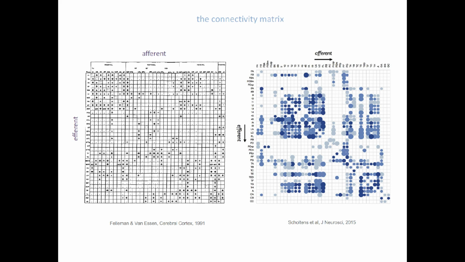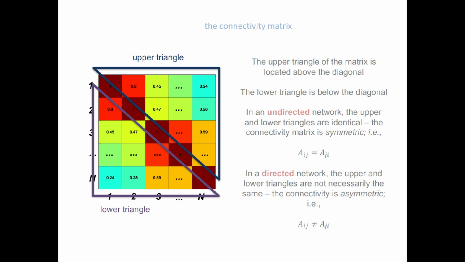Here we can get more graded variations of the strength of connectivity. And it all follows the same basic format, right? So here we've got different regions along rows and columns. And so then along the diagonal, we've got the connectivity of each region of itself, right? So 1, 1, 2, 2, 3, 3. And this is conventionally set to either 1 or 0. And then in the off diagonal, we've got the connectivity between pairs of regions.